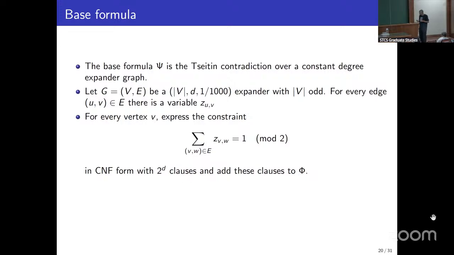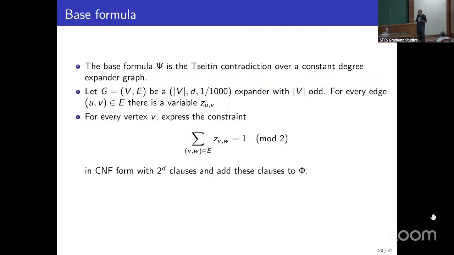So formally speaking, for every edge in the base graph, there is a variable z(u,v). If z(u,v) equals 0, it means this edge is not in your subgraph, and if z(u,v) equals 1, it means this edge is in your subgraph. For every vertex v, we express the constraint that the sum of all its incident edges is 1 mod 2. And if the degree is d, to express this in CNF form, we need 2 power d clauses.